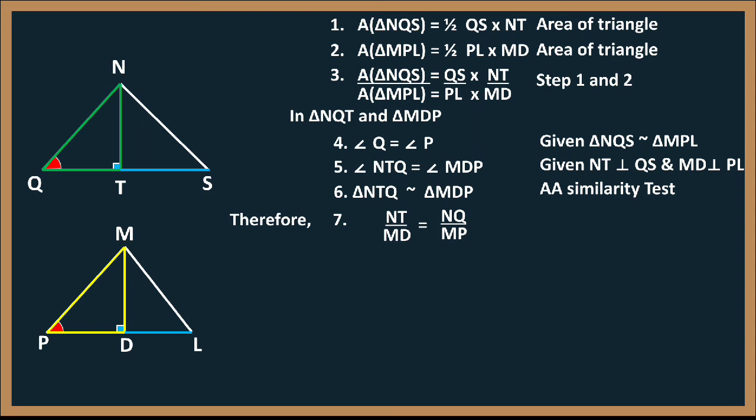So you will take the main line, which is the perpendicular line, and one of the sides of the triangle. So NT upon MD and NQ upon MP. Okay, so the reason is CPST.